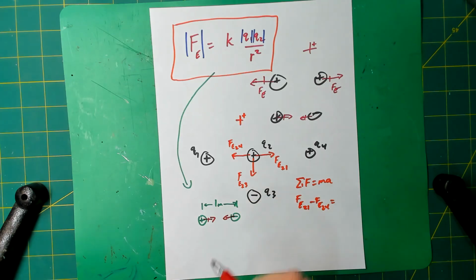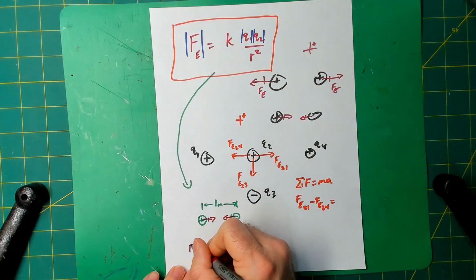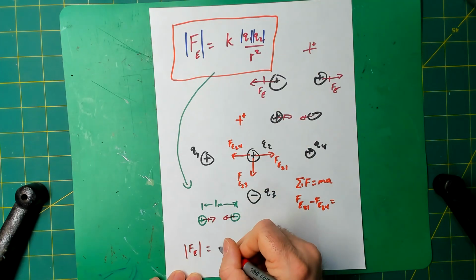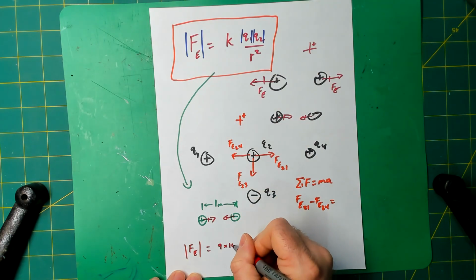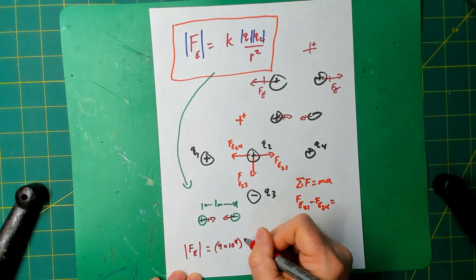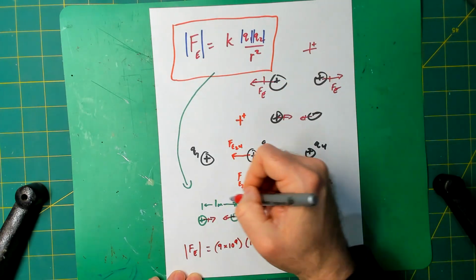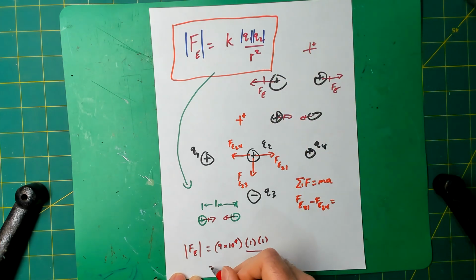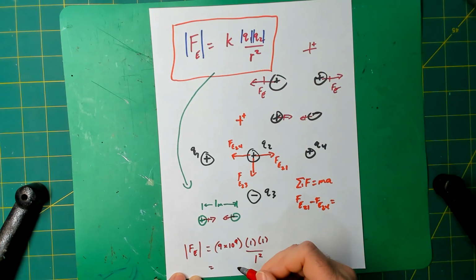Well, if I use the equation, the magnitude of the electrical force would be K, which is 9 times 10 to the 9, times 1 Coulomb times 1 Coulomb, over the distance of 1 meter squared. This would be 9 times 10 to the 9 newtons.